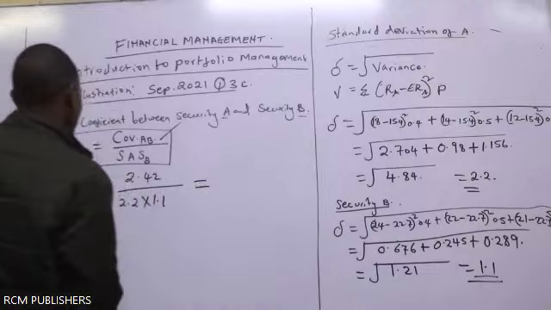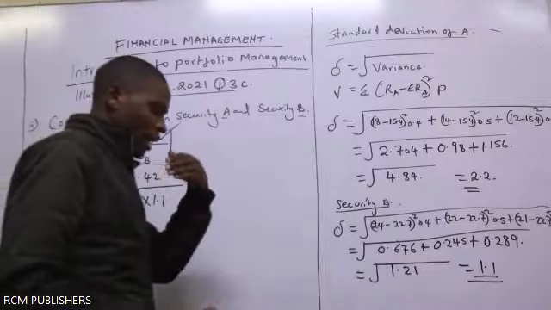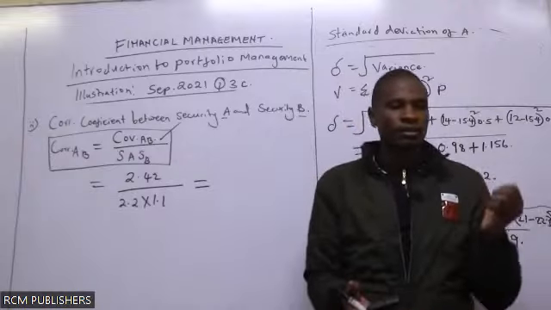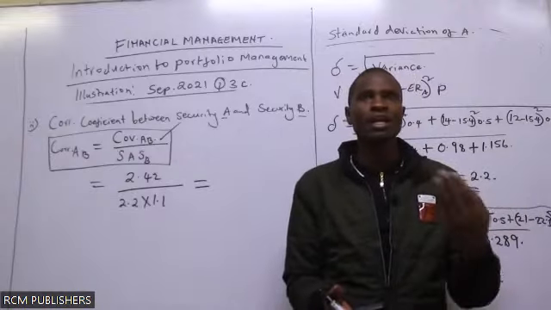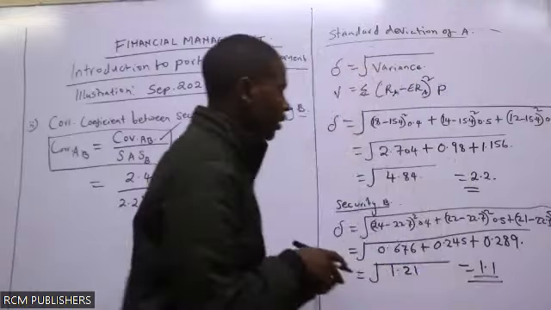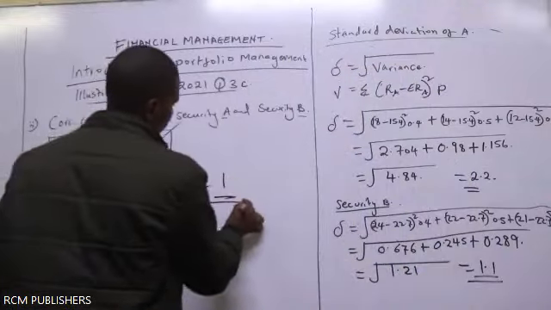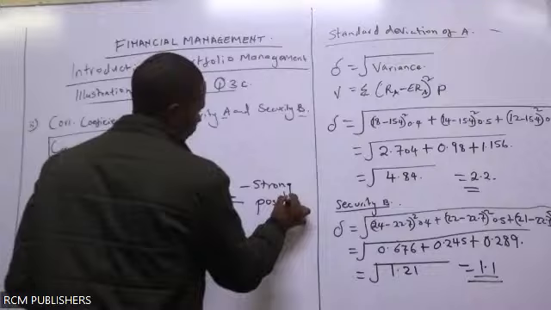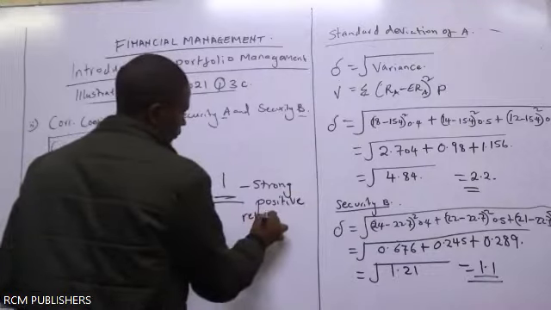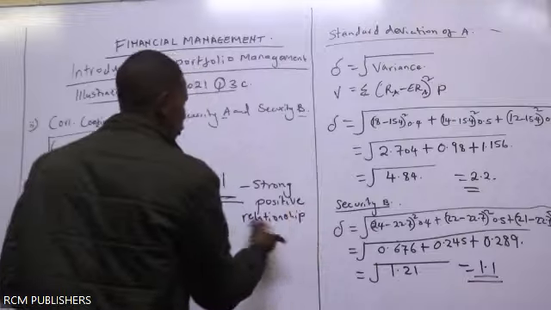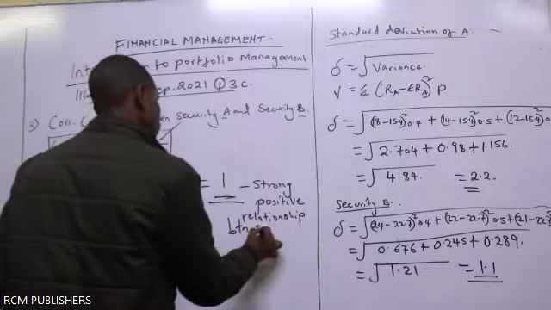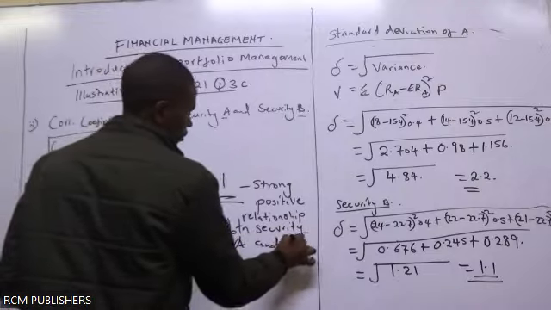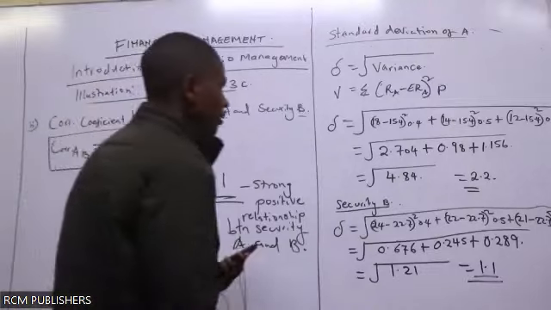Let's see whether there is a strong positive or a strong negative relationship between A and B. If you get a positive, it's 1. So that means there is a strong positive relationship between security A and B. And that marks the end.